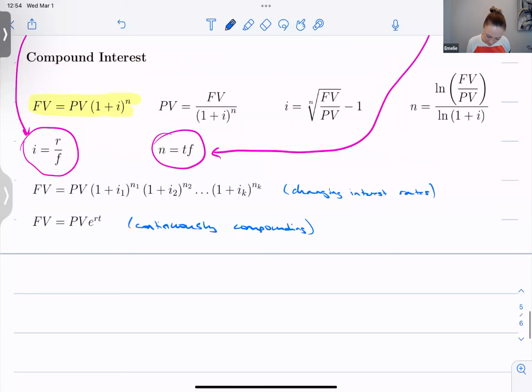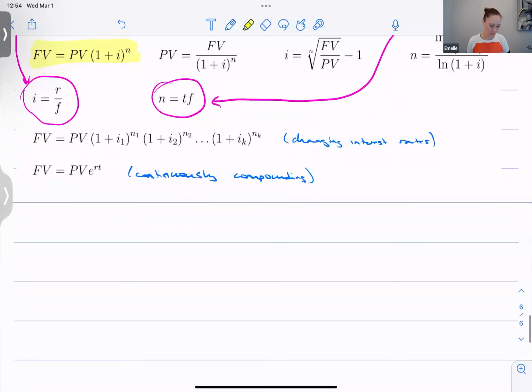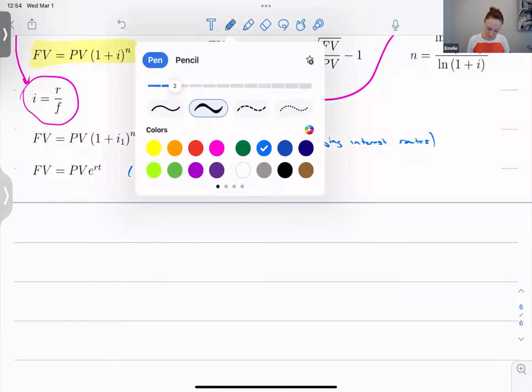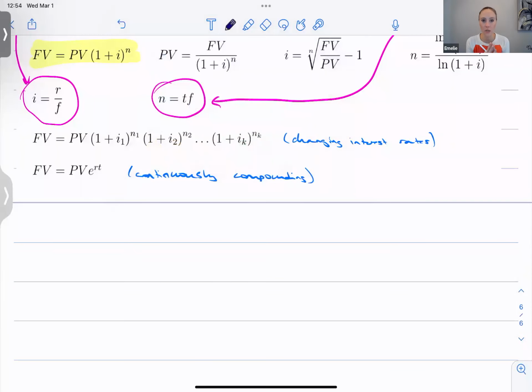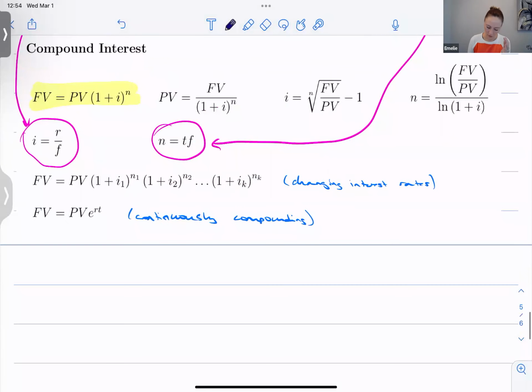So for today, I wanted the highlighter. This is the one that we want. I'm going to copy it and then highlight it again. Just like we did for simple interest, we're going to solve for the future value. Then we're going to work on solving for the present value.